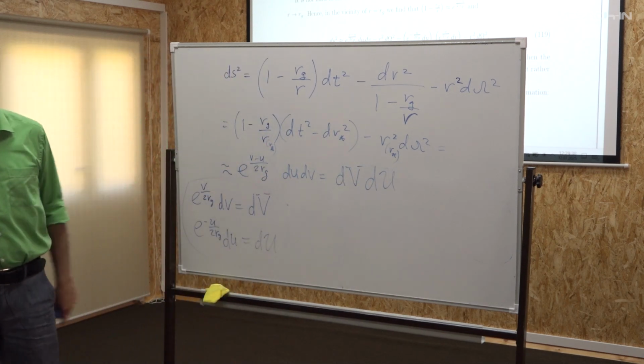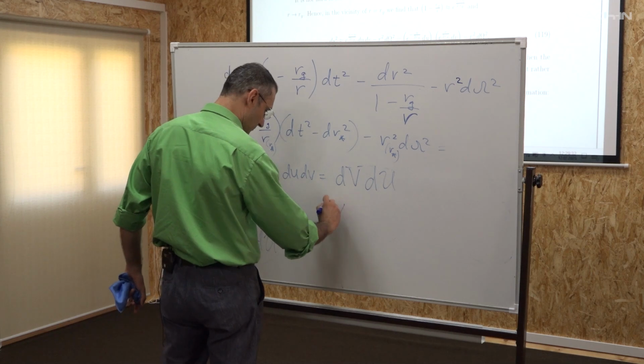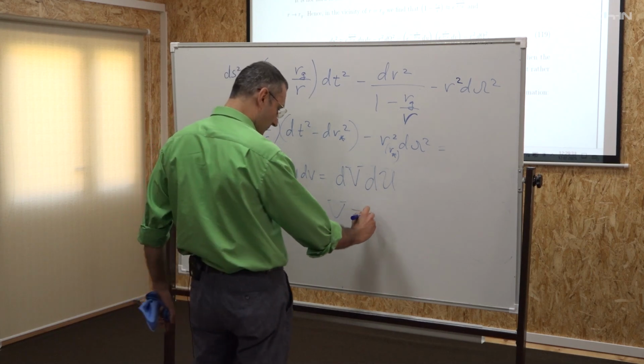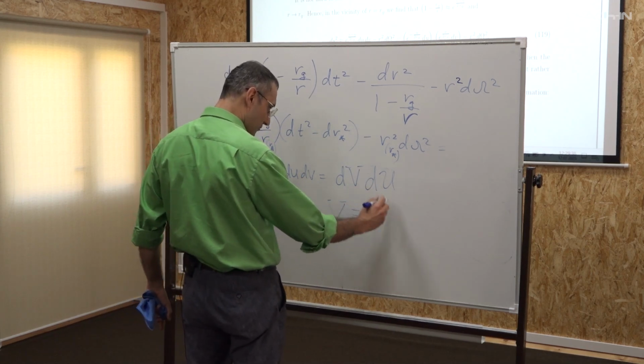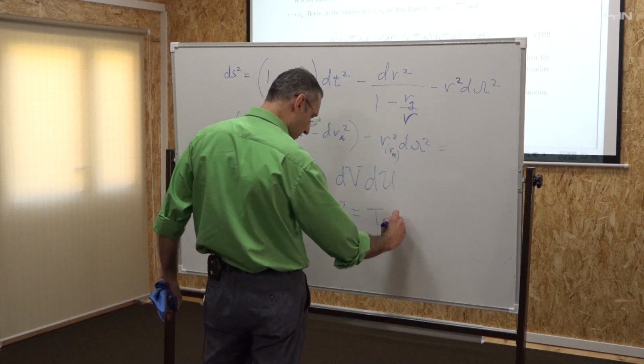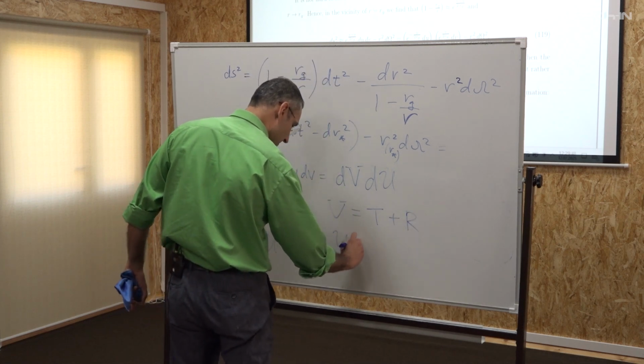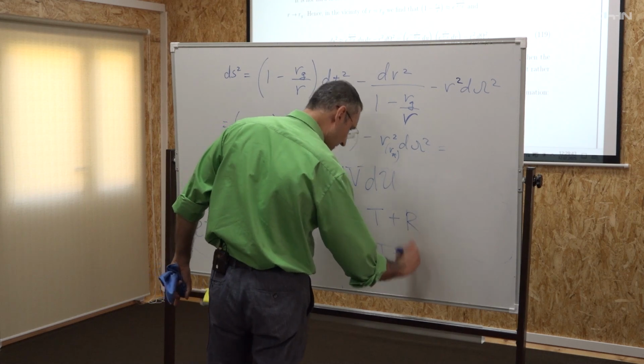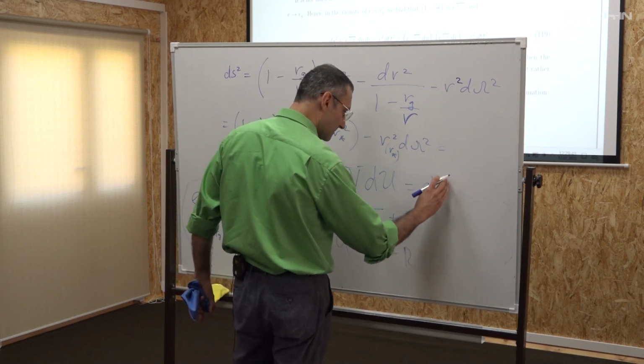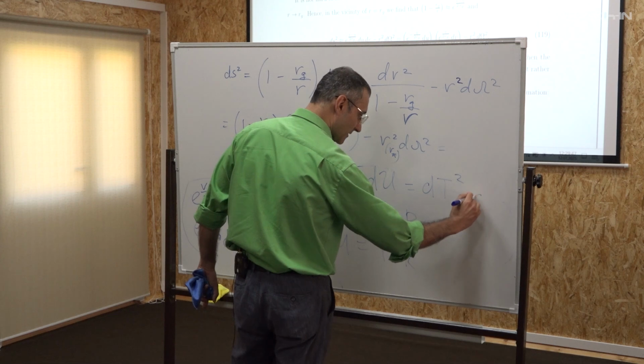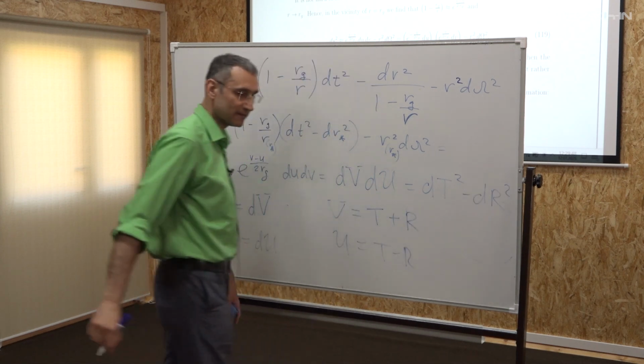This is a flat metric. So if I move backward, that I, instead of u and v, use t plus r and t minus r, I get just dt squared minus dr squared. This is a flat metric.